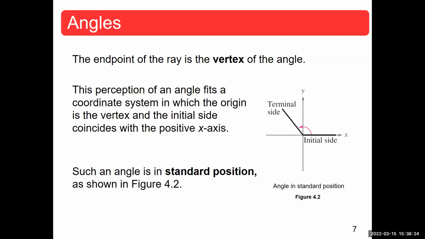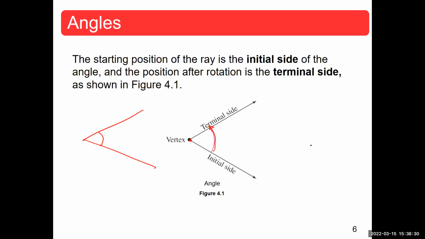When we have a coordinate system, X and Y, let's say I have a line like that from 0, 0.